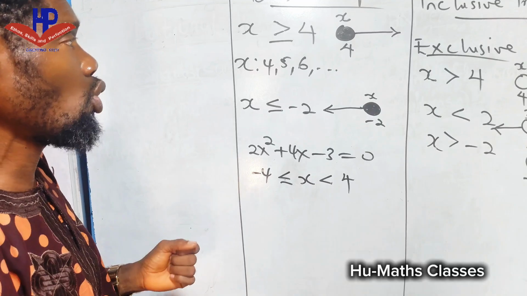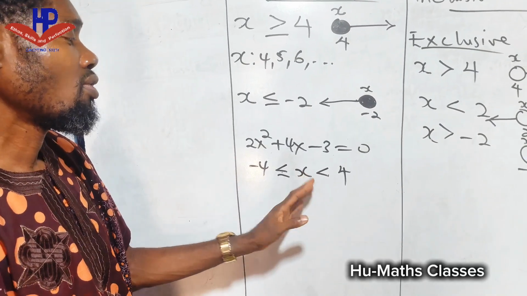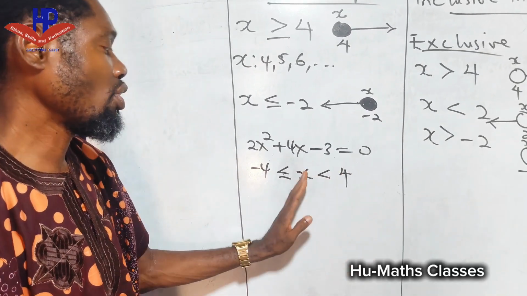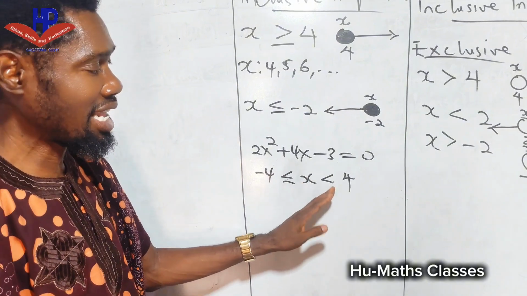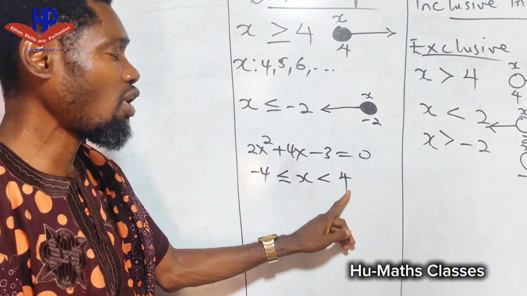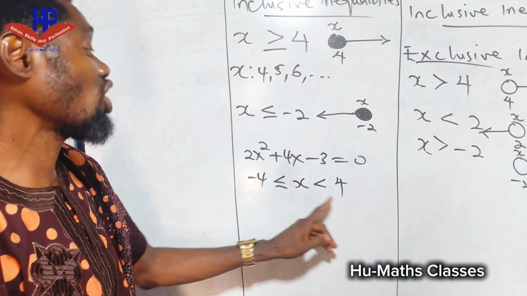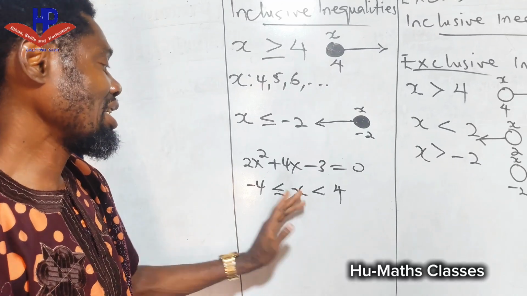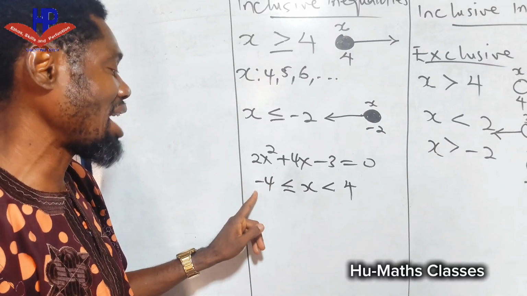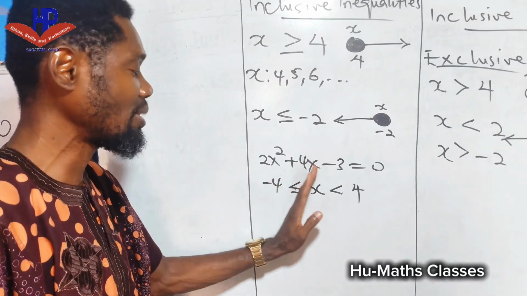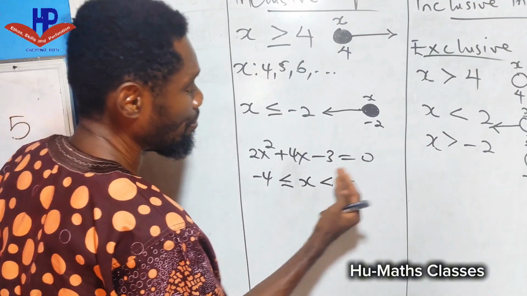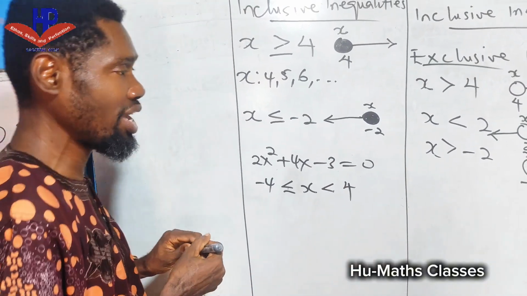You can see that the two inequalities have been applied here. One part is exclusive, the other part is inclusive. X is less than 4 is exclusive because 4 is not a member of x. X is greater or equal to minus 4, so minus 4 is going to be a member of x because this part is inclusive.